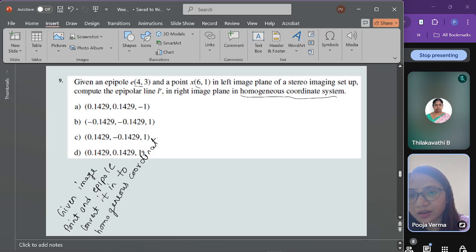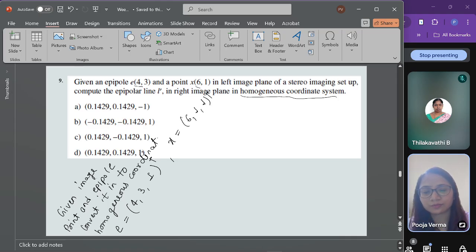What can we write? The epipole would be in homogeneous form 4 3 1, transpose. Similarly, the image point x would be 6 1 1, transpose, right?